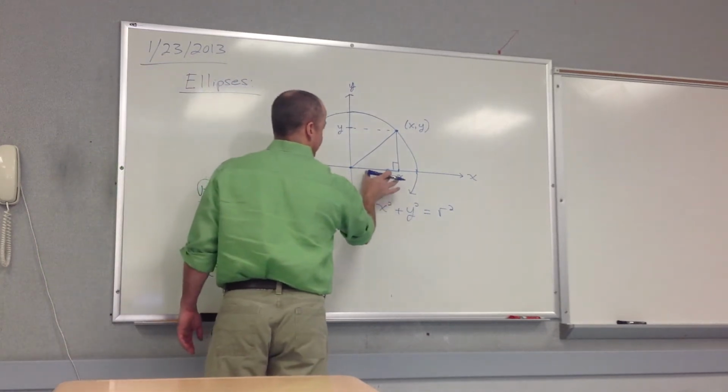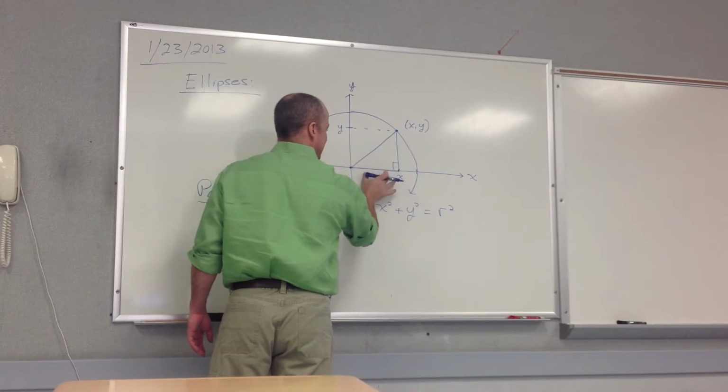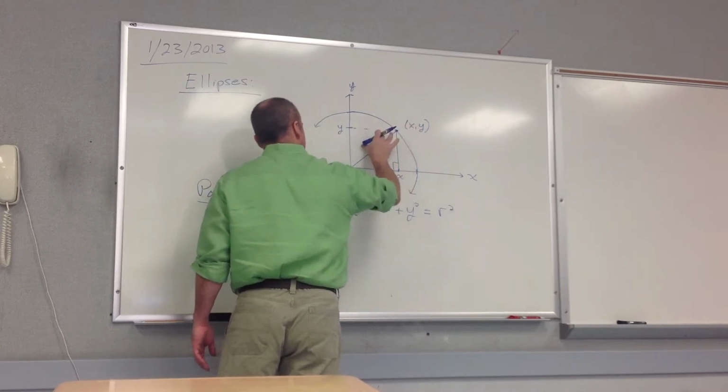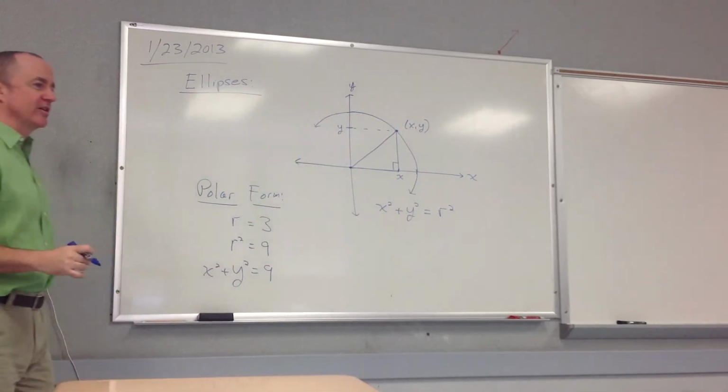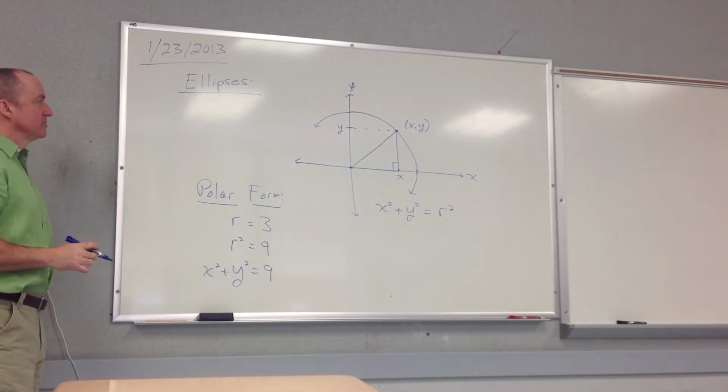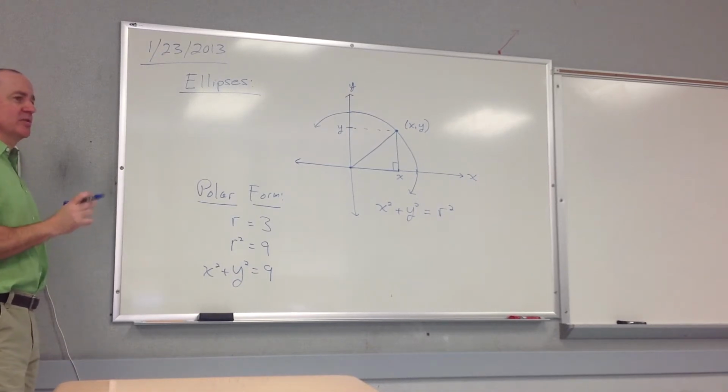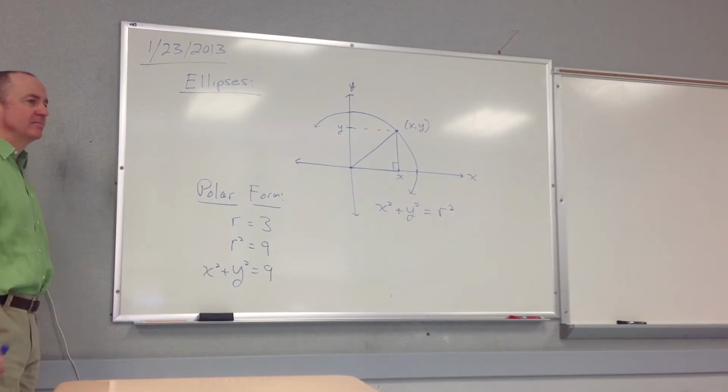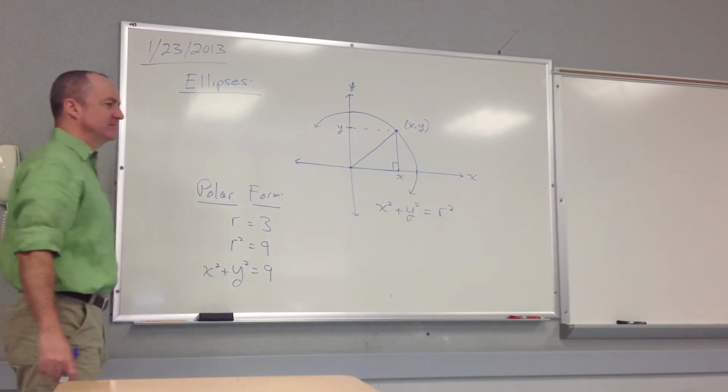And then the Pythagorean theorem tells us that x squared plus y squared equals the radius of the circle squared. And that is a circle, which is the simplest form of an ellipse. Any questions on that idea? You guys good with that?